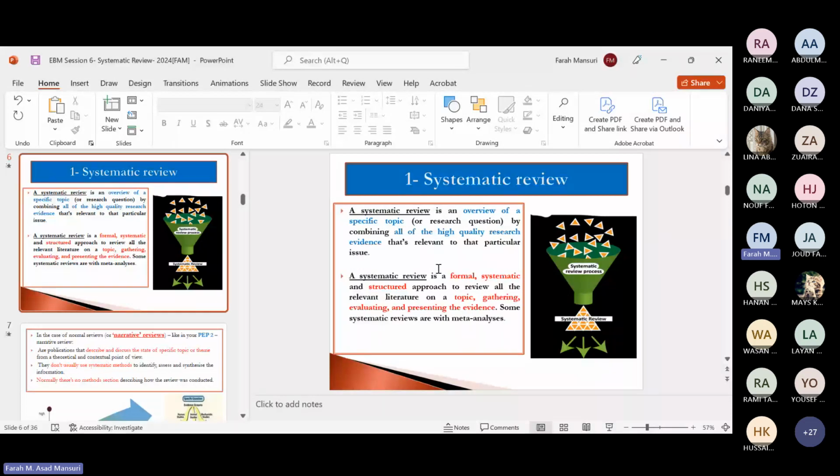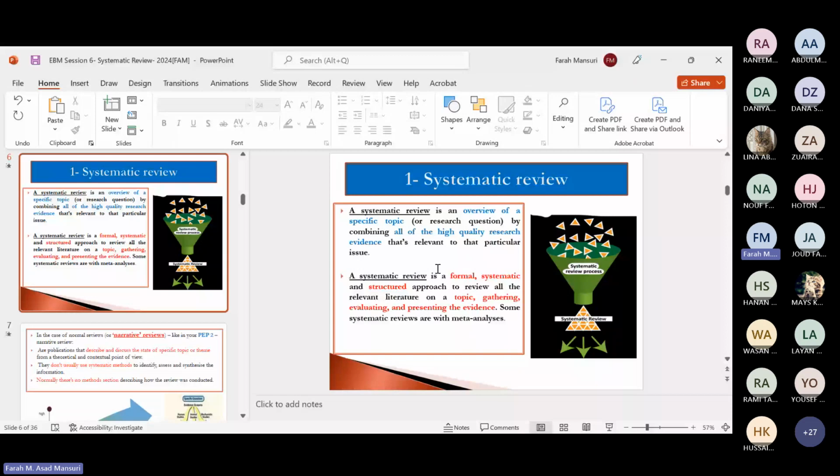I give you an example. You all know HRT is there, that is hormonal replacement therapy, one form of treatment given to post-menopausal women in order to reduce their post-menopausal symptoms.